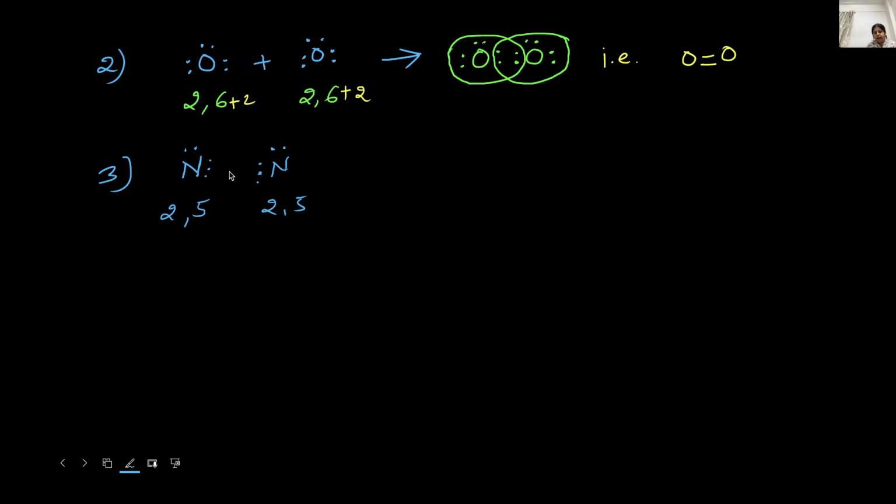Now when you add these 2 nitrogen atoms, how will they form the nitrogen molecule? They will need 3 extra electrons to complete their octet. So they will now share 3 electrons with each other in order to complete their octet, isn't it?